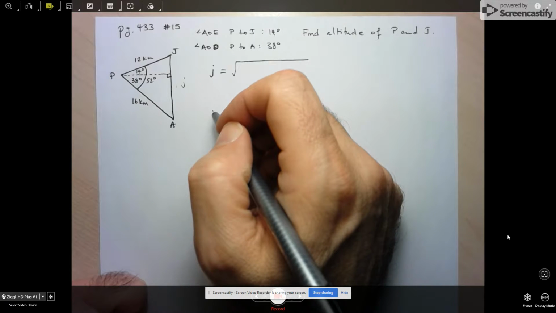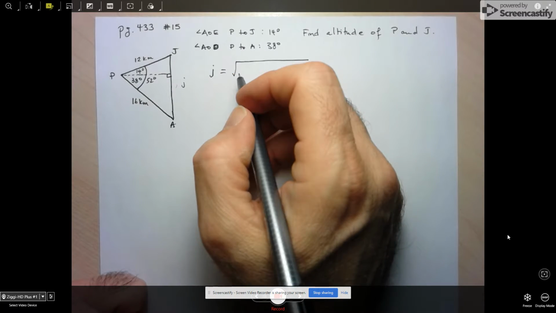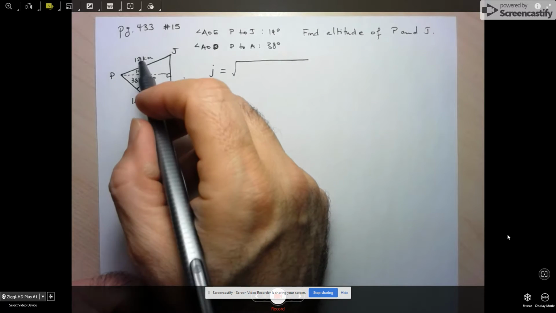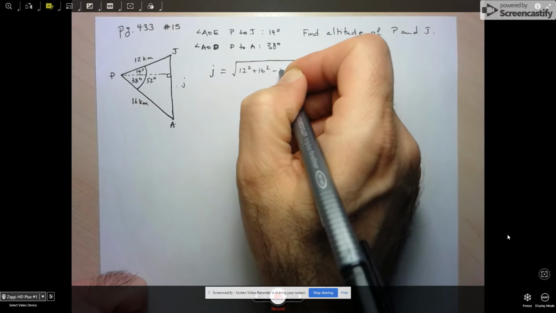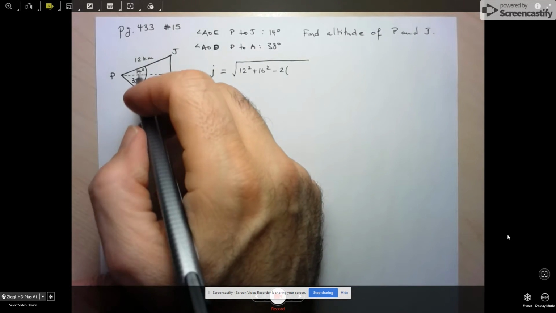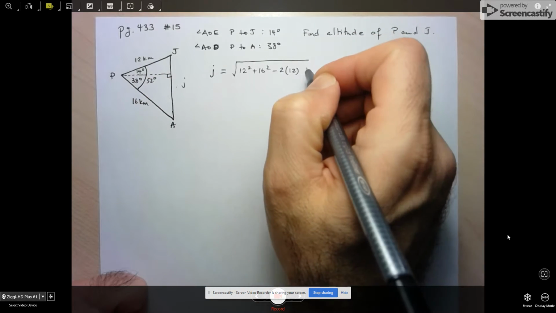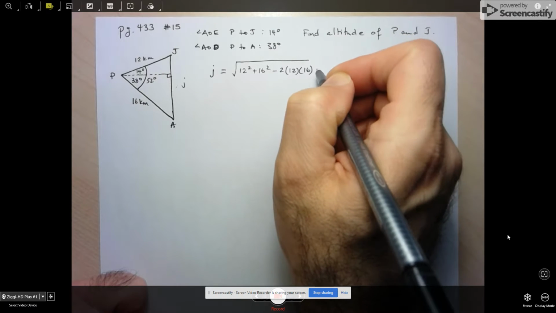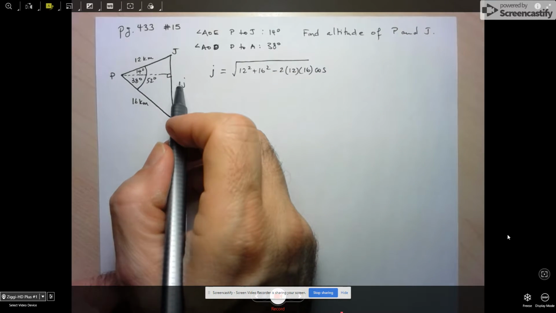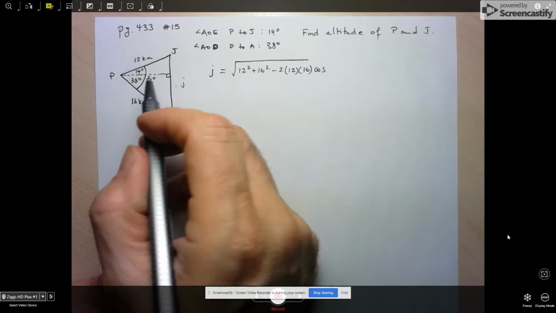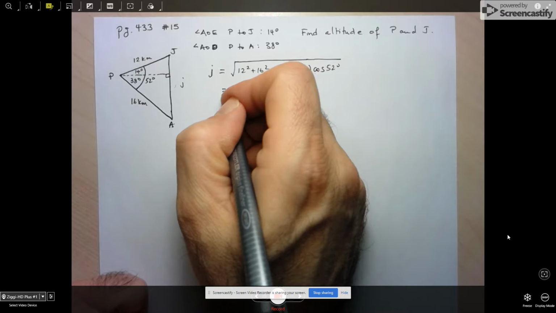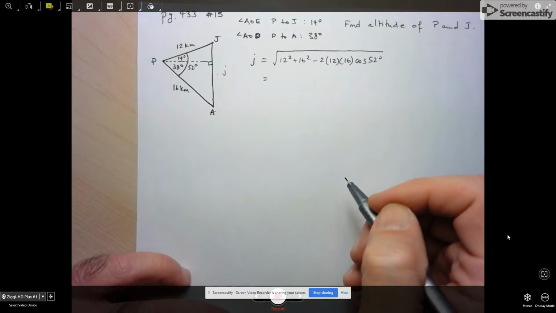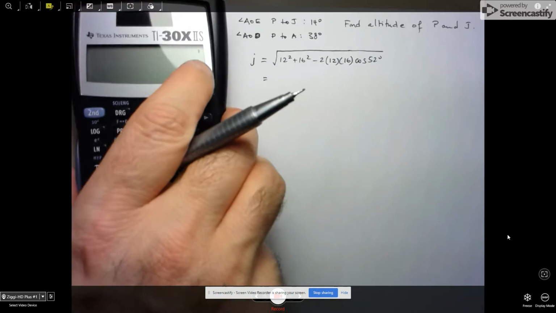So how does cosine law work? Well, it's the sum of the squares of the other two sides, so 12 squared plus 16 squared, minus 2 times the other two sides, so 12 and 16, times the cosine of the angle opposite the side length I'm looking for, which we found was 52 degrees. Actually not so bad. Once you know these laws really well, they're not that long to use.